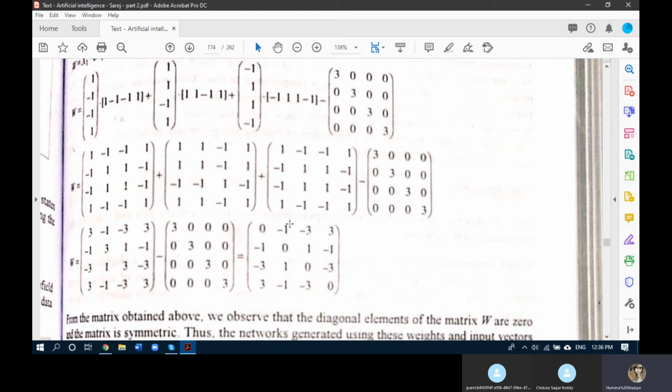If you look here, this is symmetric. x1 to x2 is -1, and x2 to x1 is also -1. Likewise, if you check all these values, they turn out to be symmetric.